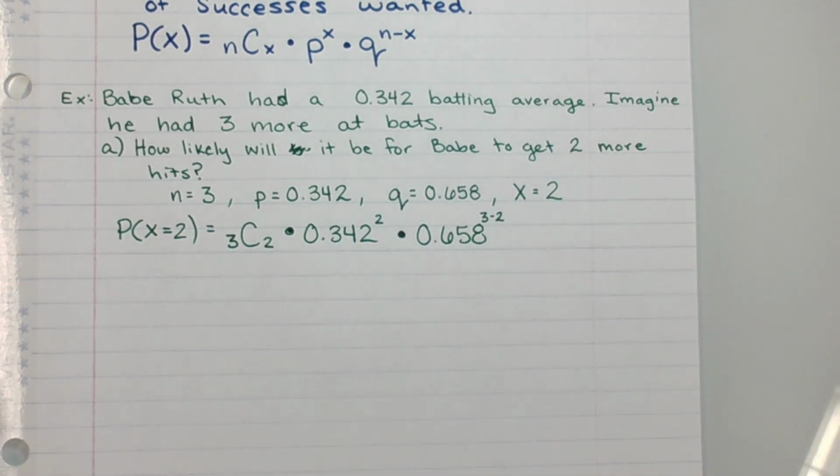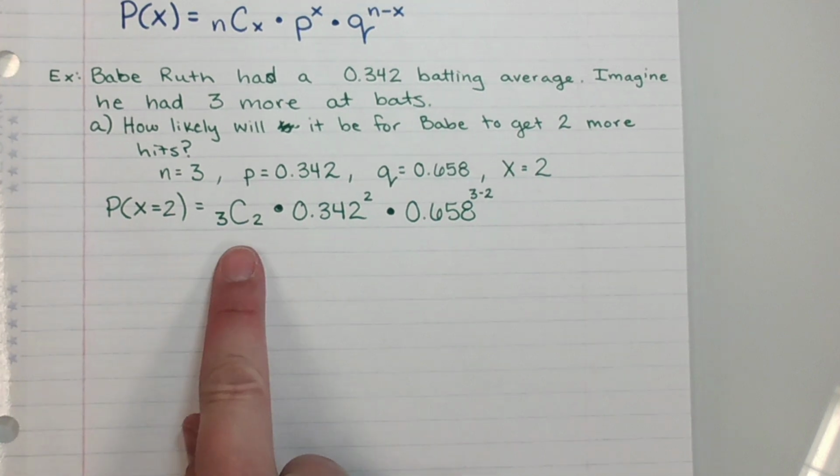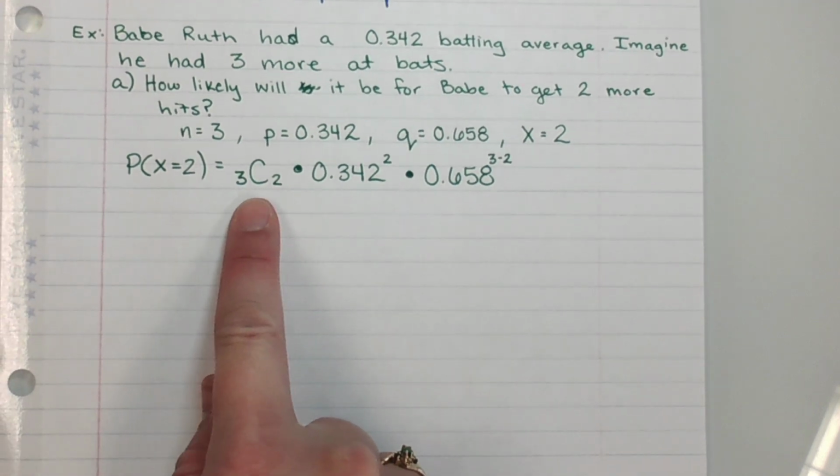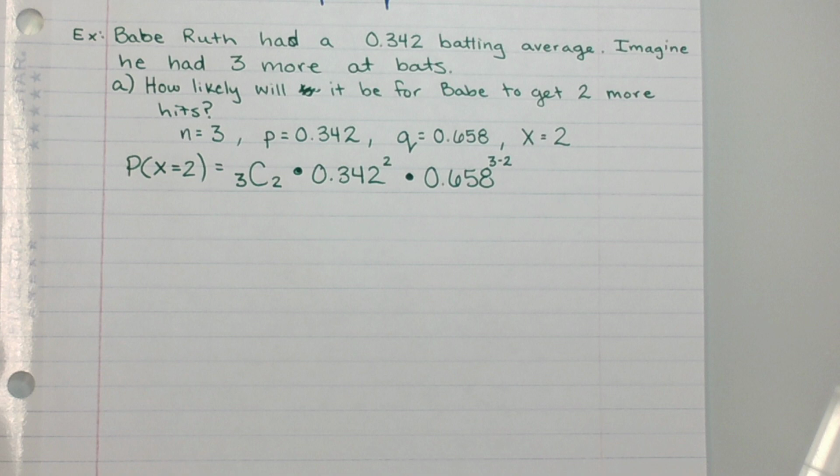The way the binomial probability works, the n combinations of 2 gives me all of the different ways that we can get 2 hits. It essentially breaks down, okay, we could go hit, or success, success, fail. We could go success, fail, success. We could go fail, success, success.